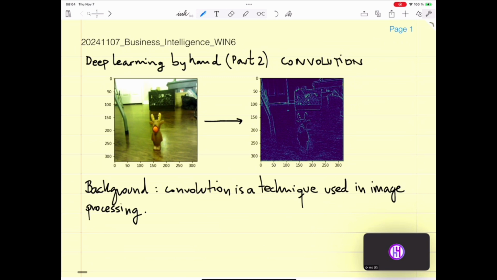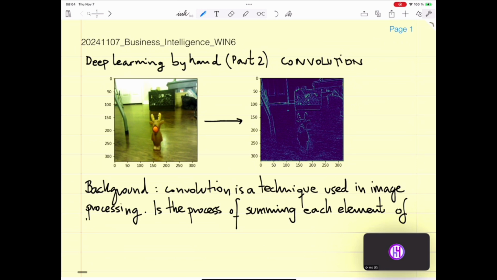It is the process of summing each element of the input image with its local neighbors.